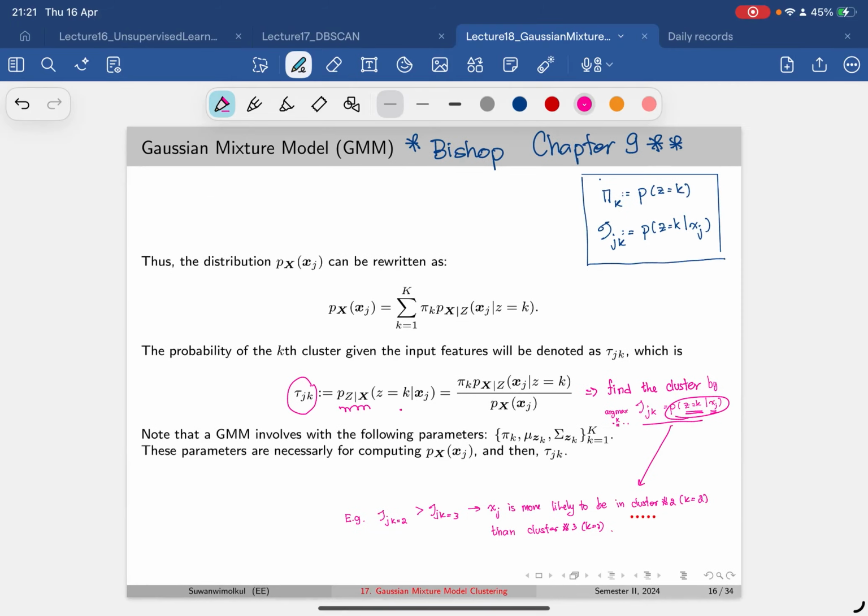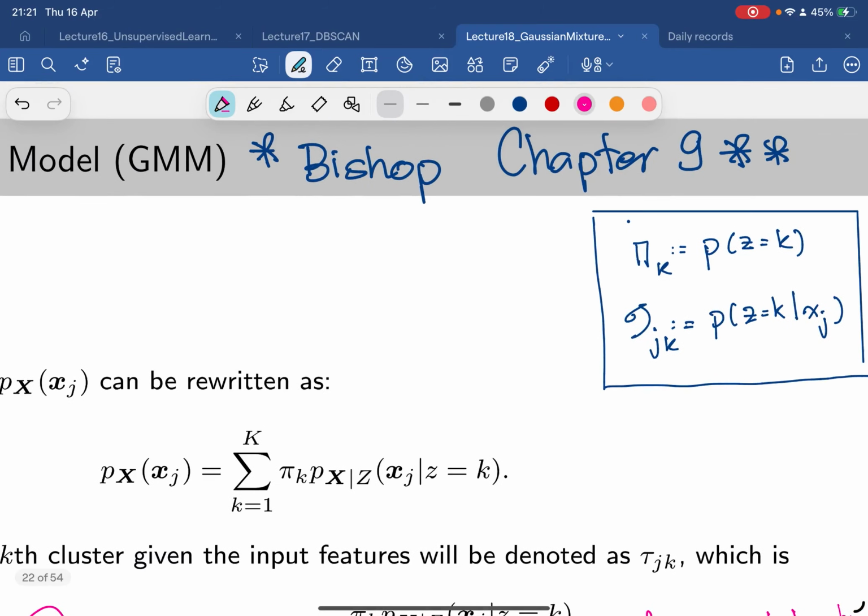And a little thing, because previously we used pi as the model parameters of the Bernoulli distribution, which denotes the probability of being a cluster, and I used that notation as pi_k. So I hope you will not get confused between pi and tau.